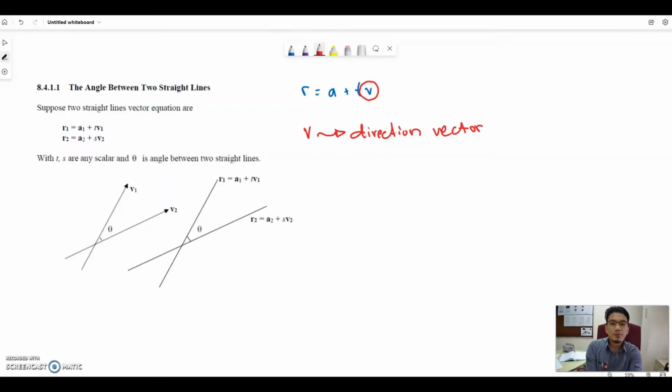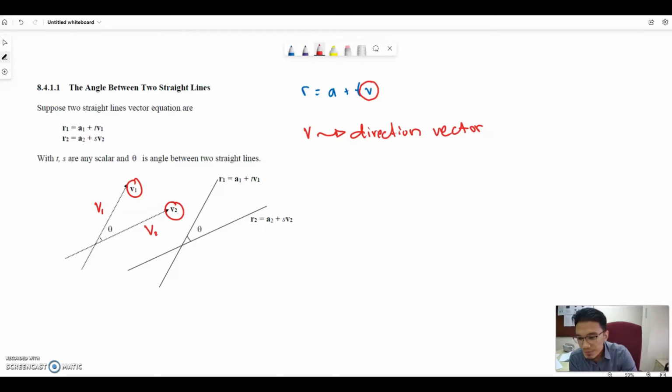In order to find the angle between two straight lines, you have to use the direction vector. For example, we have two straight lines right here, as shown in the diagram. We have V1 and we have V2. The important thing is you have to first identify V1 from the equation of a straight line, and also identify V2 from the equation of the other straight line.